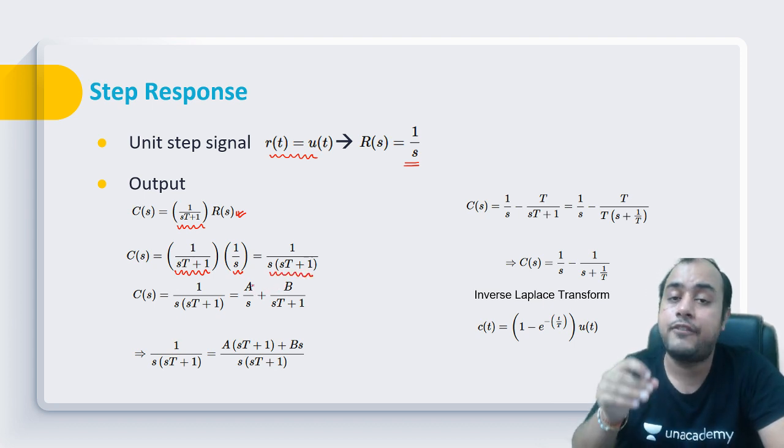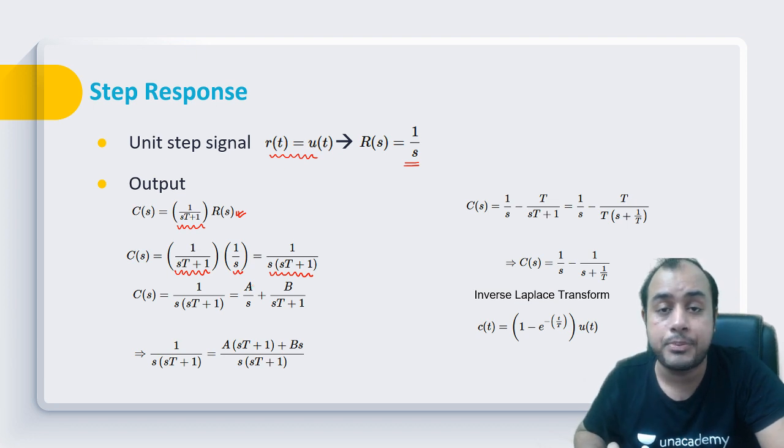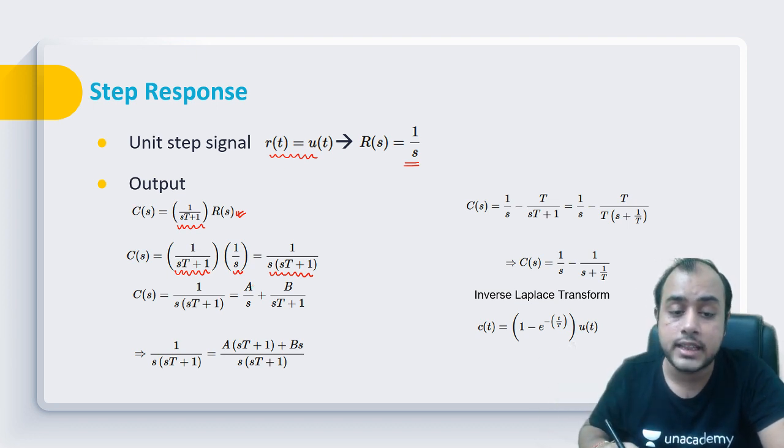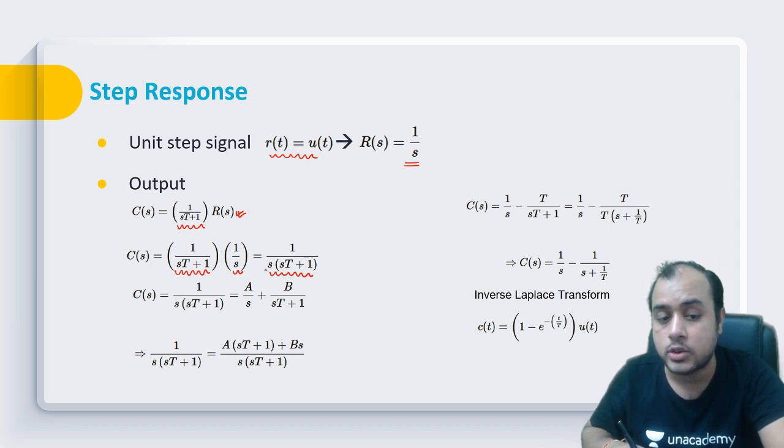Now here, if we are doing it manually, not with the help of MATLAB, we definitely have to take the partial fraction. I have shown you the shortcut as well. If you want to find the coefficient of 1 by s, put s equal to 0 in the remaining function.